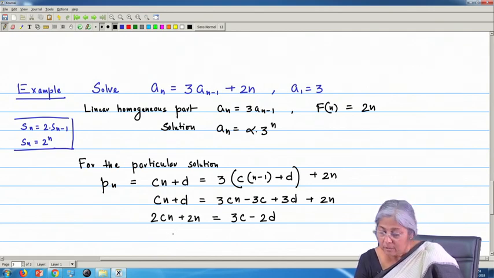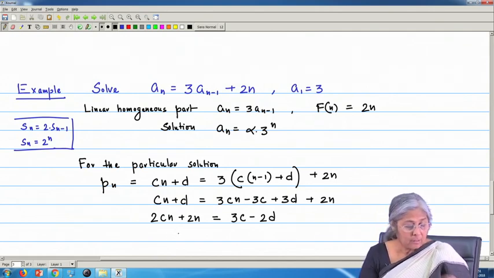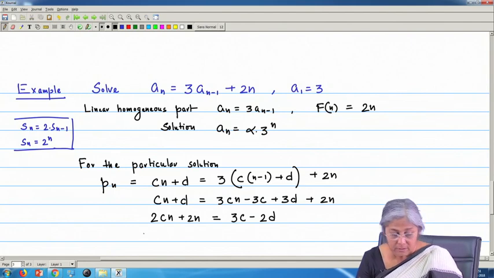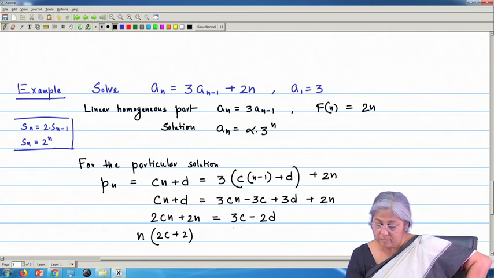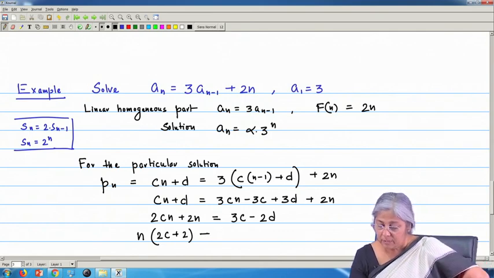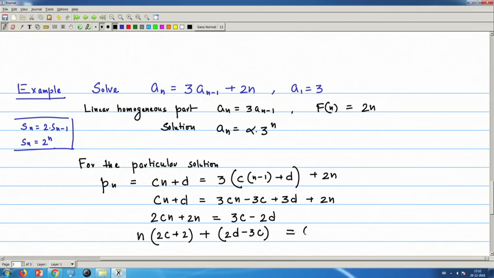I can write this equation as n into 2 c plus 2, plus 2 d minus 3 c equal to 0.